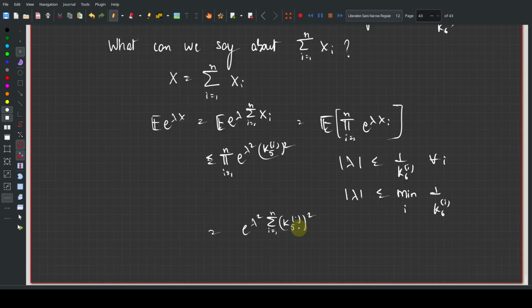So the sum is also sub-exponential, but with a different set of parameters. And what are the parameters?